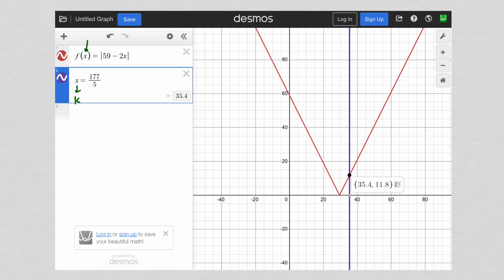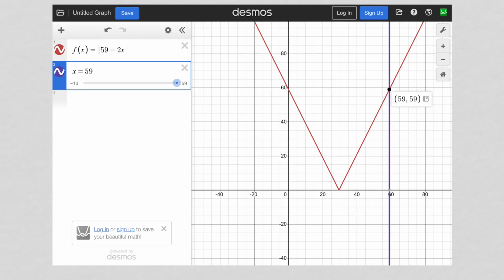So again, this is saying that when x is 177 fifths, f of 177 fifths actually is 11.8, and 35.4 times 3 does not equal 11.8, which is what the question tells us our right answer should accomplish.